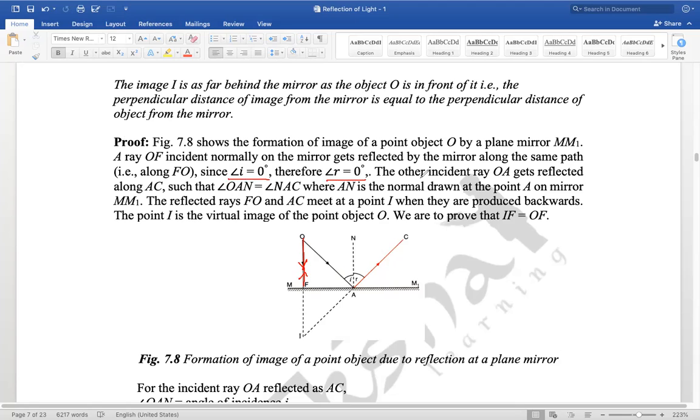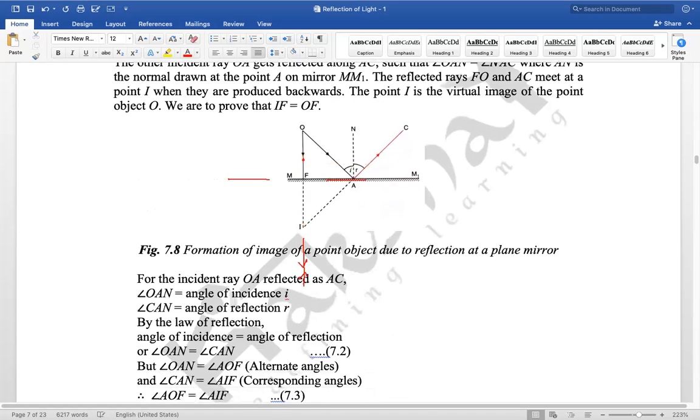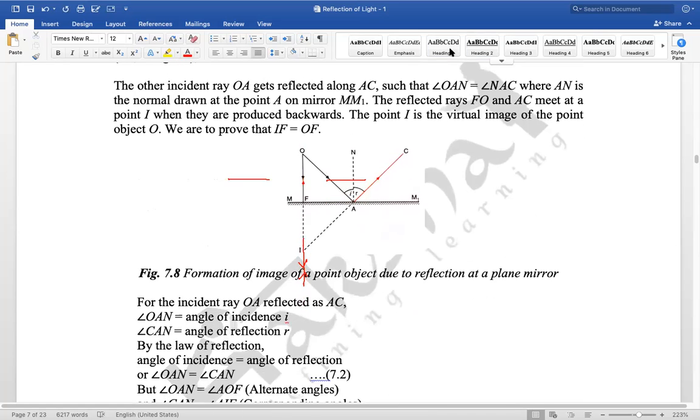The other incident ray OA, इसके बाद ये तो एक ray हो गया, right? Now if we consider the other incident ray OA, it gets reflected along AC such that angle OAN is equal to NAC, where AN is the normal drawn at the point A on mirror MM1.